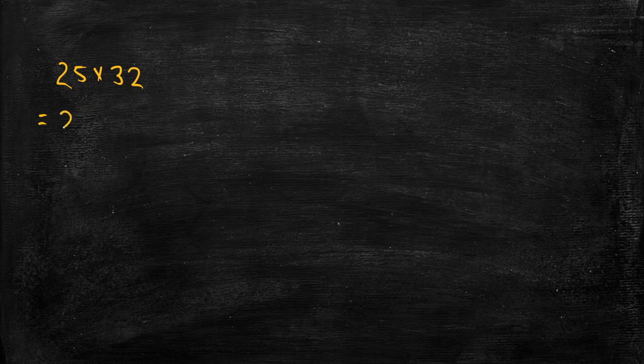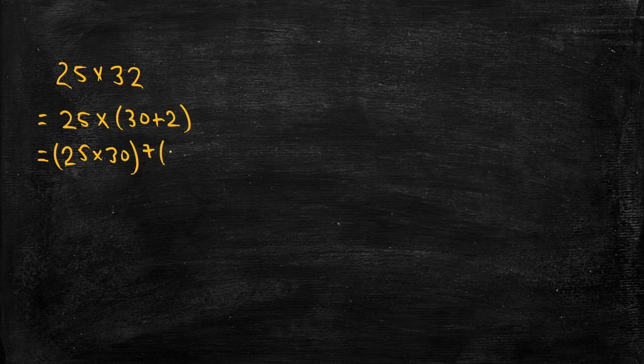Alternatively, we could recognize that we can write 32 as 30 plus 2. And then if we apply the distributive property, we can rewrite this as 25 times 30 and 25 times 2.